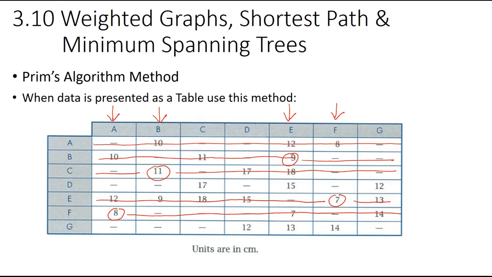Right, then with this, I highlight column C. I have this number 17, 15, 13, and 14. So in this case, the smallest number here will be 13.